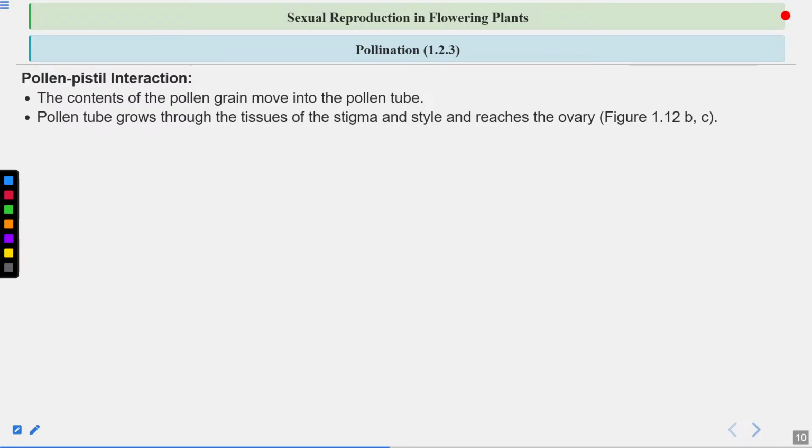So now you can understand why compatibility is so very important, to understand the terms compatible and incompatible.